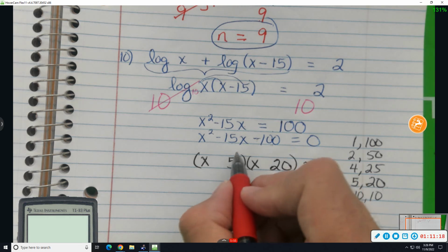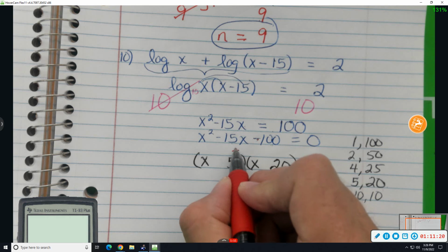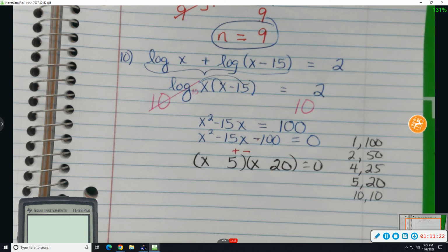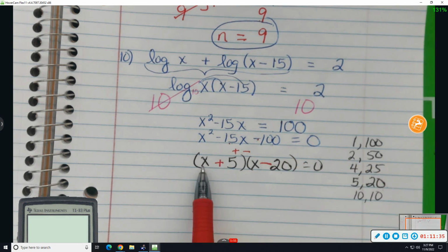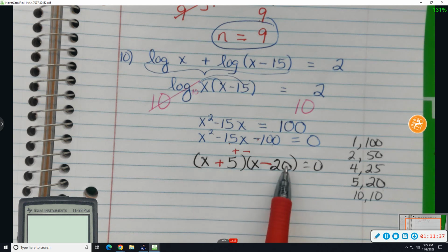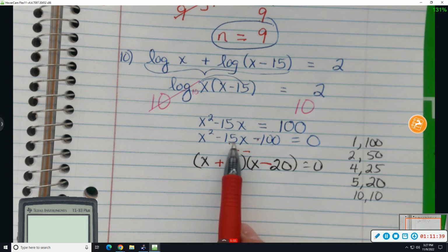Second sign is minus, so 1 plus and 1 minus. You would need the bigger number to be negative. If I put the negative there, we'd have x squared, and then a negative 20 plus 5 gives a negative 15, then minus 100. So we have it factored correctly.